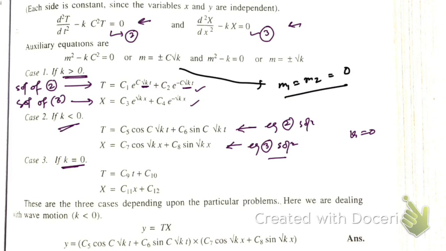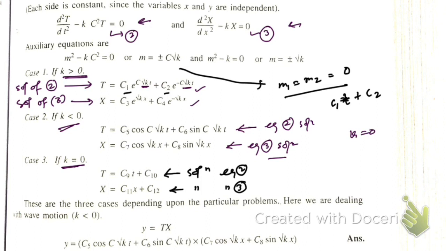When roots are equal, the solution should be of this form: c1 x plus c2. We have already used 1 and 2, and if you are doing it for t, then it should be t. So this is the solution of equation number 2, and this is the solution of equation number 3, right? Now these are the cases.